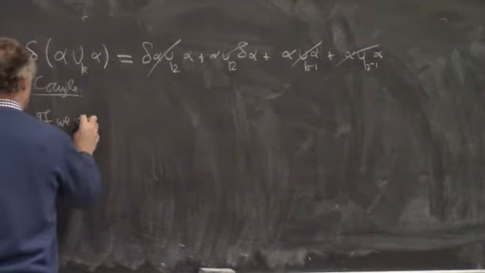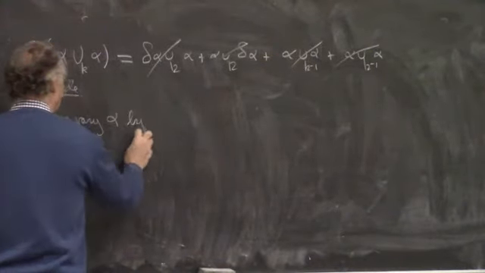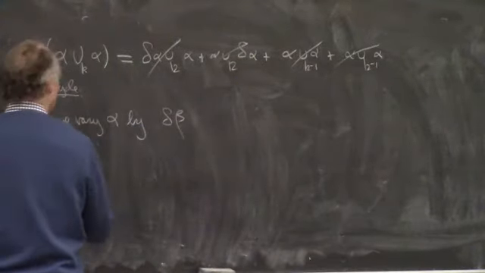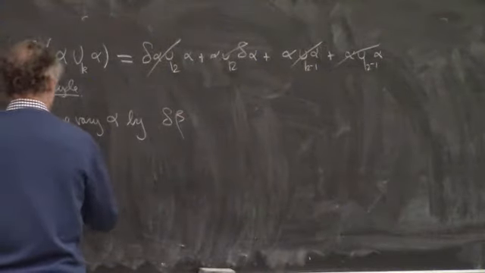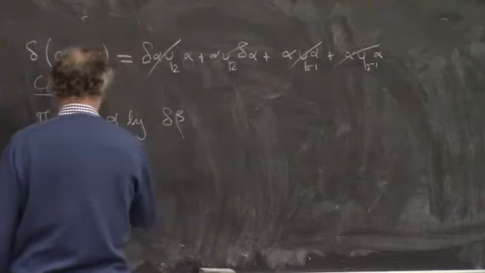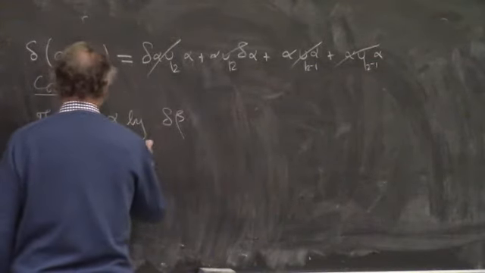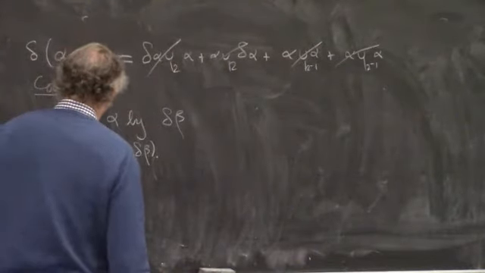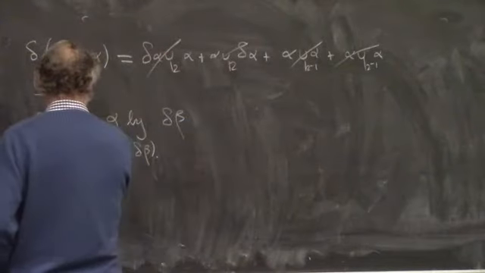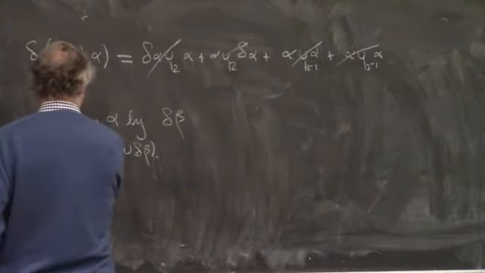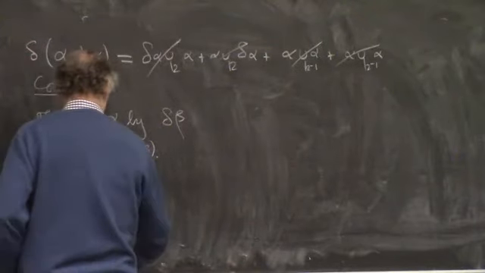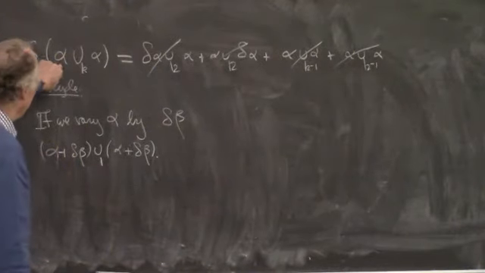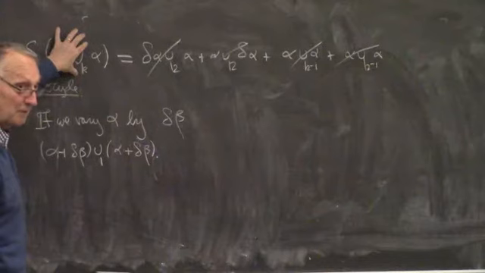If we vary alpha by a coboundary, and take cup K, alpha plus delta beta. So I start with a cocycle alpha, and this produces an equivariant cocycle.